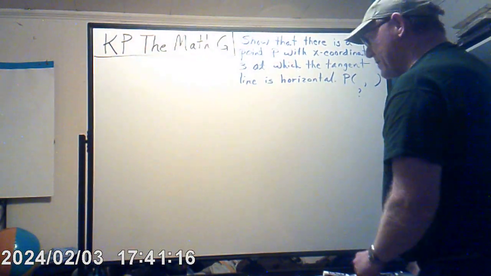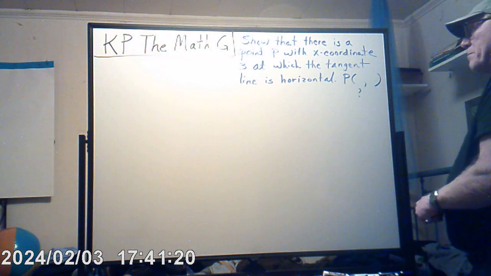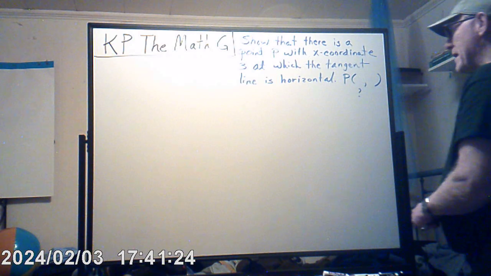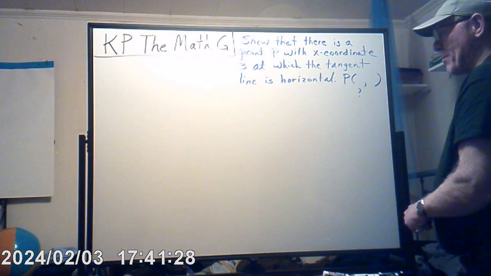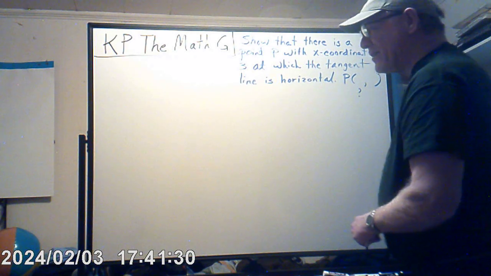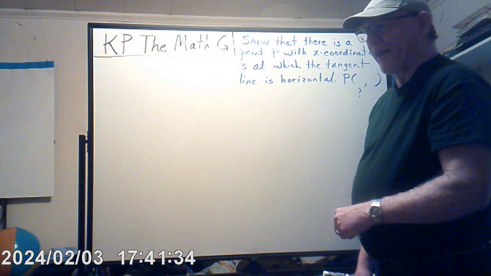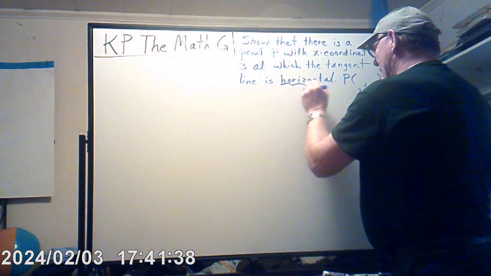Alright, now what they're saying is we want to show that there is a point P with an x coordinate of 3 at which the tangent line, so that point is on the tangent line to the curve. The point is both on the curve and on the tangent line, and it is horizontal.